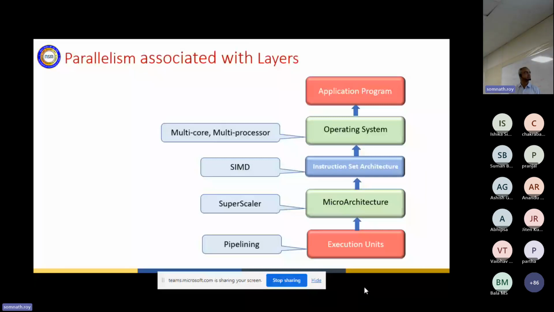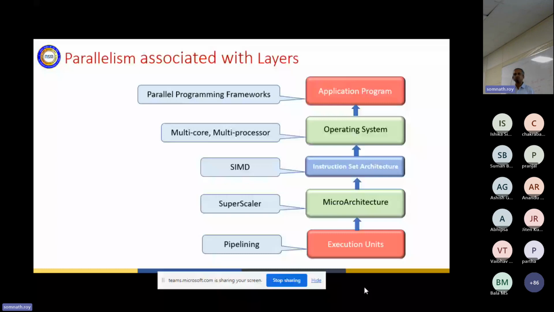Then the operating system manages multiple processors, we saw two of them, and multi-core, that is, every processor has multiple cores. I will explain how that works. And finally, this is what should be of interest to you if you are writing code: you have to look at parallel programming frameworks and how you can take advantage of them. There are frameworks available for that. The rest of the things are typically transparent to the programmer.